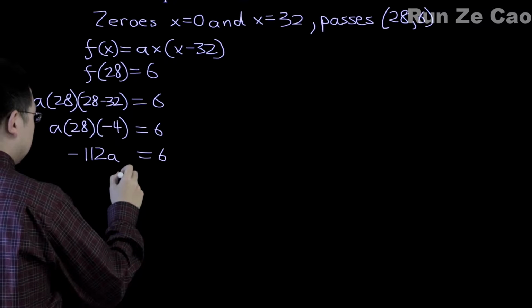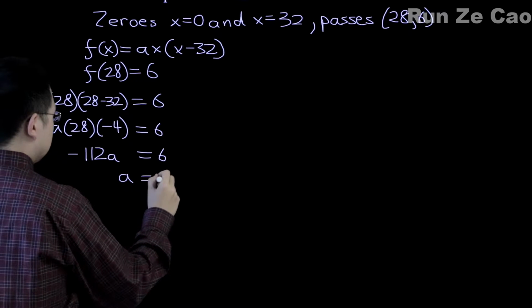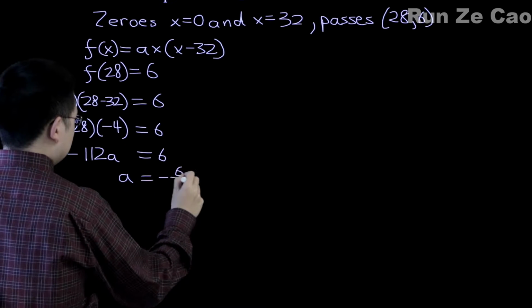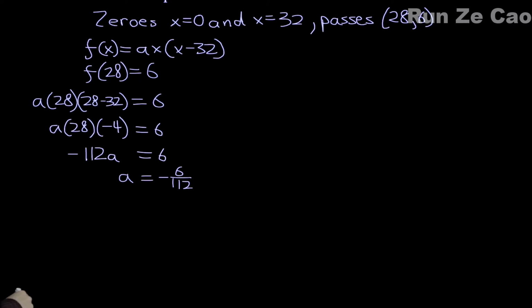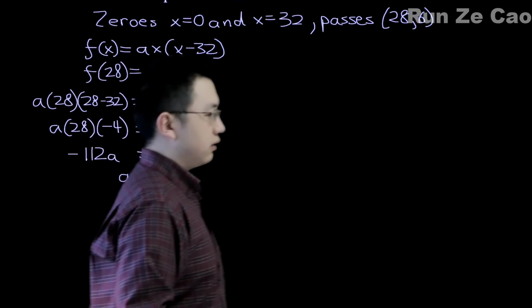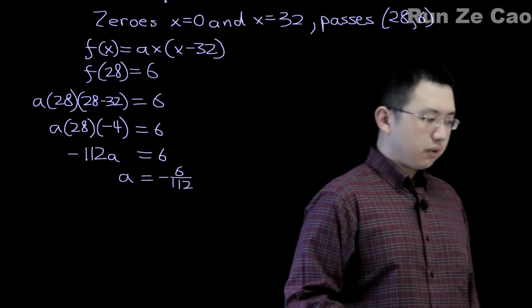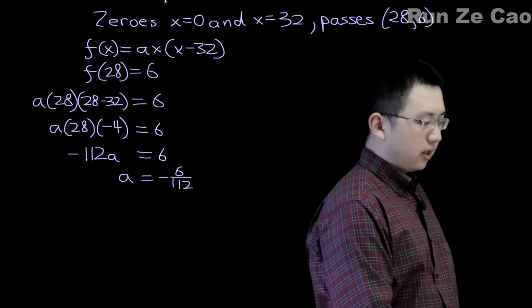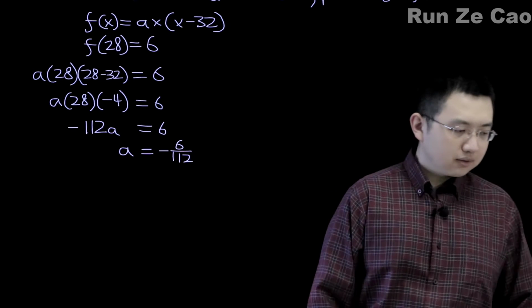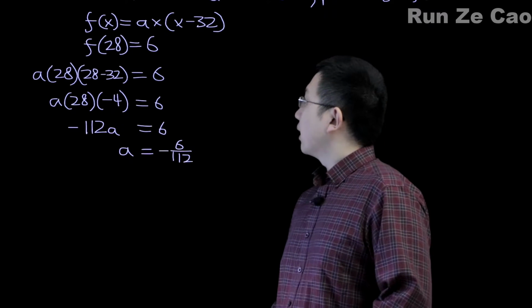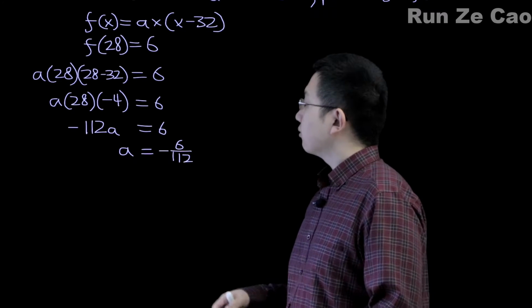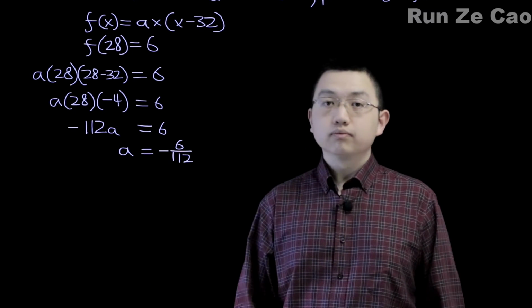So a is equal to negative 6 over 112. So what we're looking at for modeling the path of this ball is f of x is equal to negative 6 over 112 times x and x minus 32.